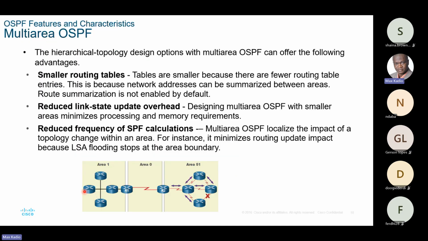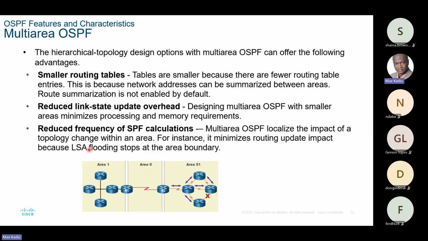Let's say at CPUT, you have the main headquarter in Cape Town CBD, and someone in Bellville, someone in Wellington, and so on. The headquarter is area 0, the main one, and any other areas should be connected to the main area 0.